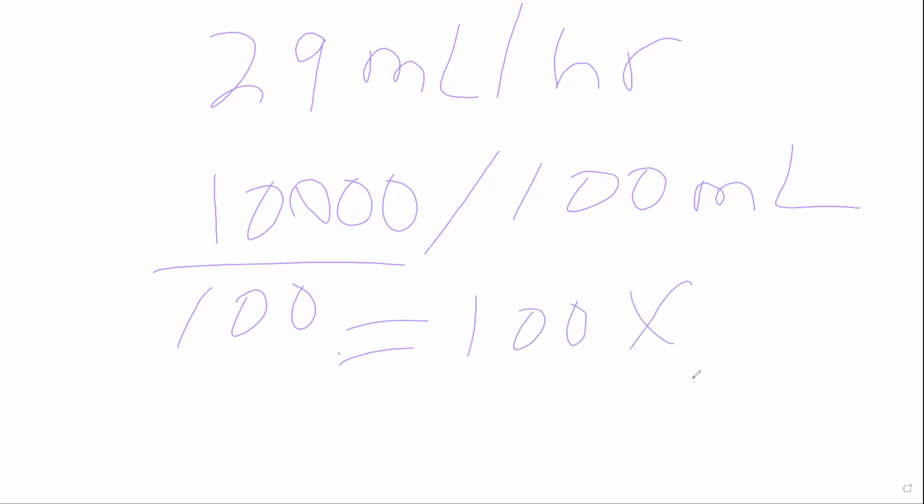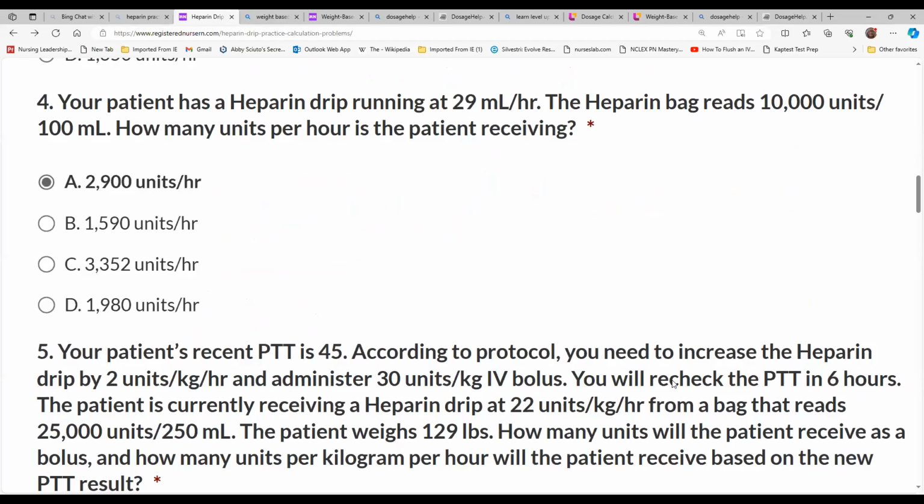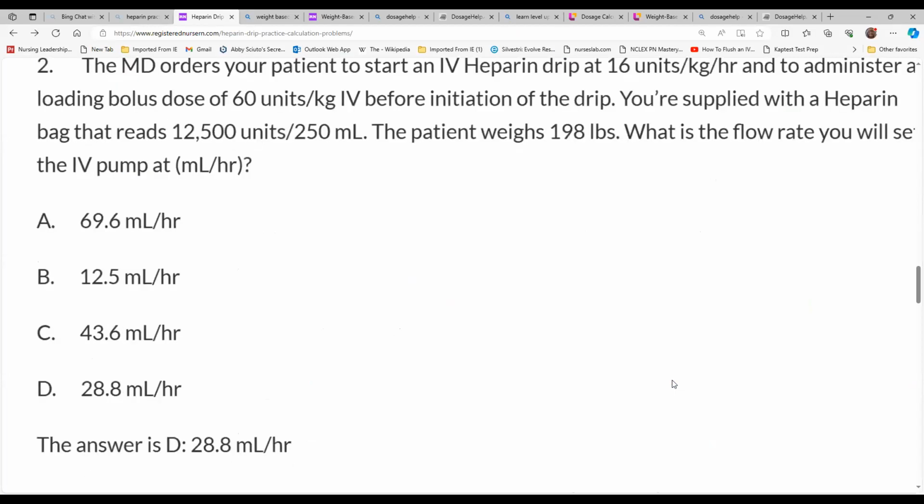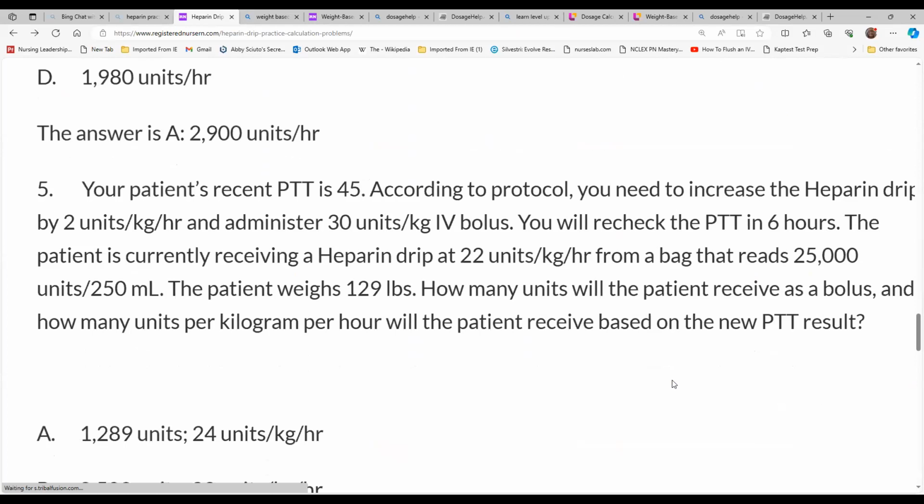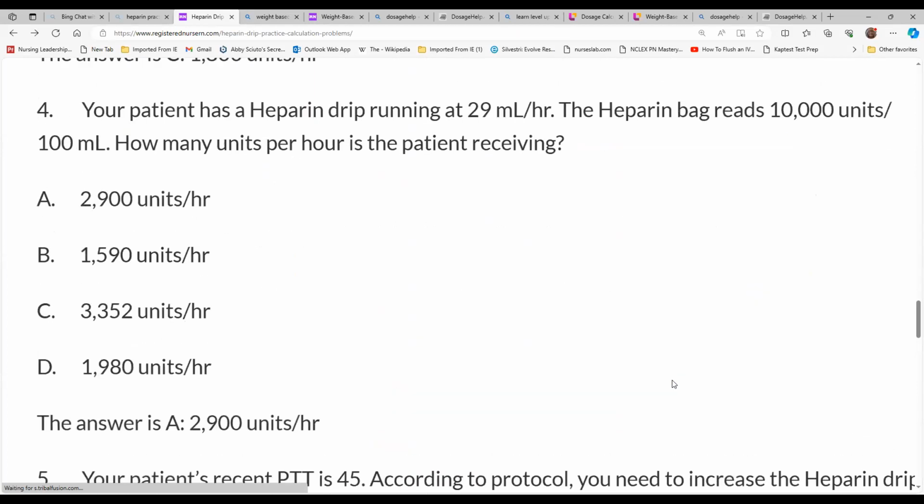We take that times our 29, and that should give us 2,900 units. And it's up there, right? Let's double check it. Okay, 2,900 for number 4.